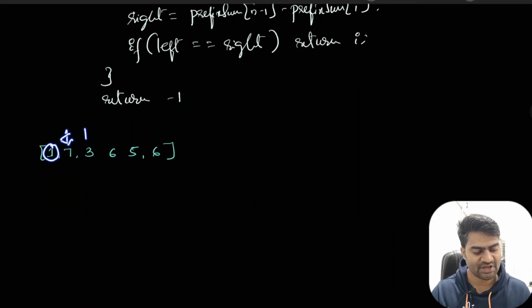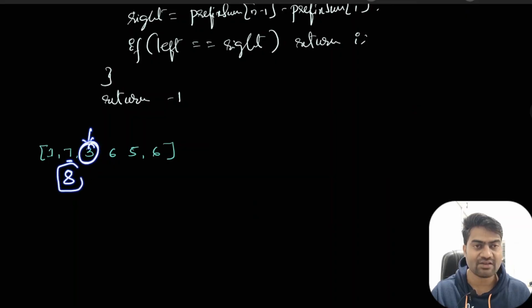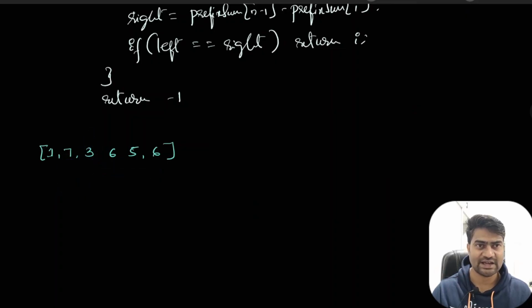When I move from here to here, for this prefix sum, I'll add this value before moving. So this gets updated with 8. So at this point, when I am processing this value, I will have my prefix sum as 8. So on the go, I can simply find my prefix sum. So this gives us one value, the left value, correct, right?